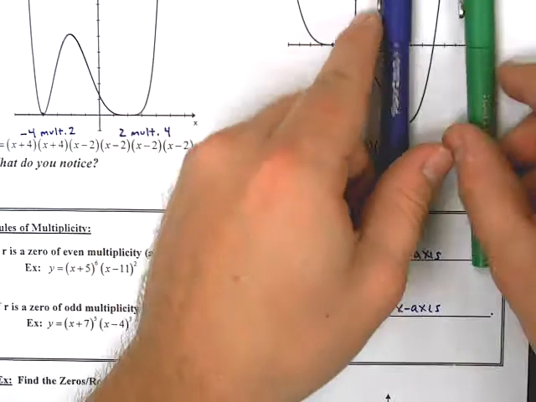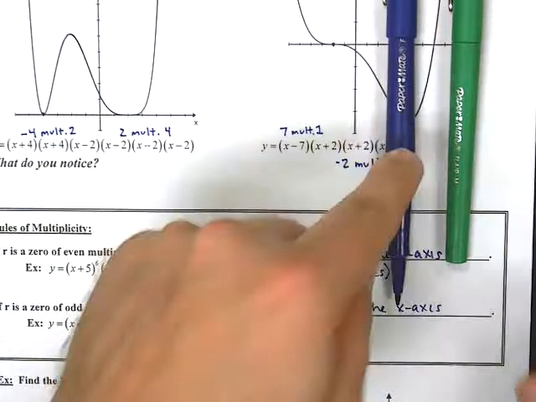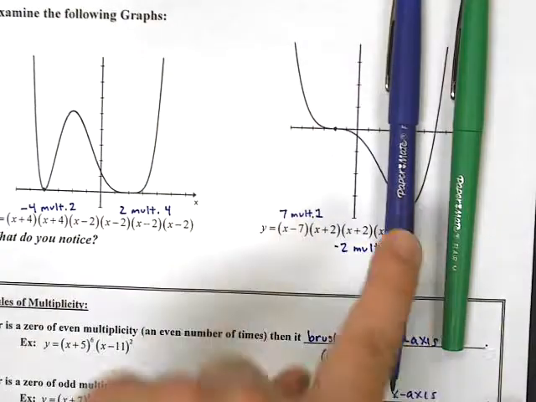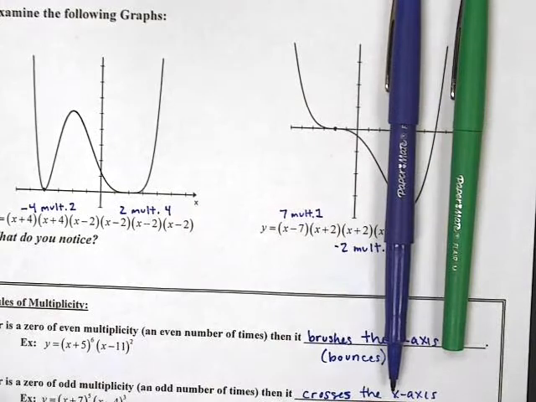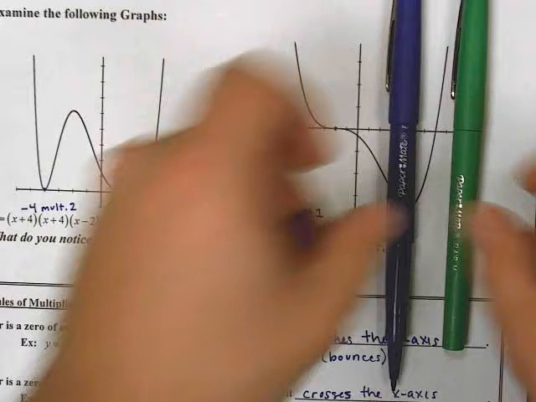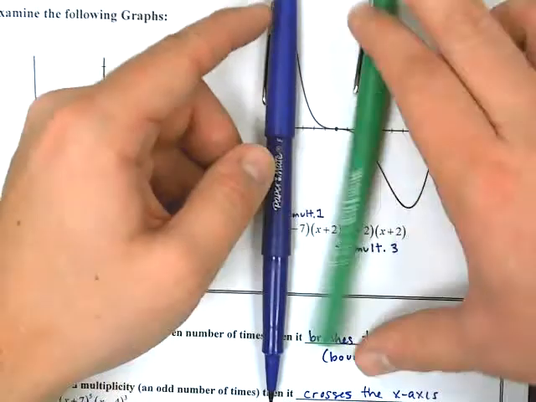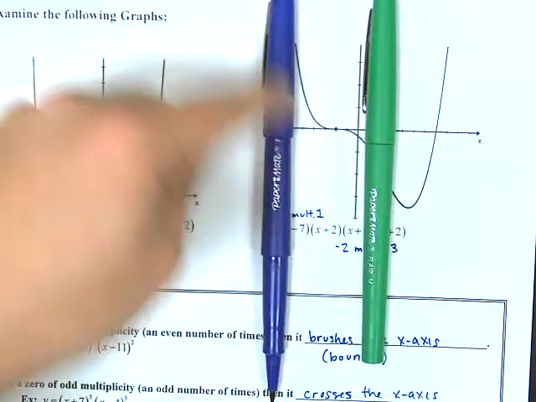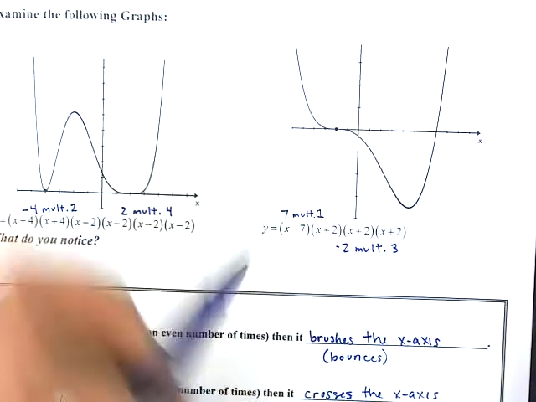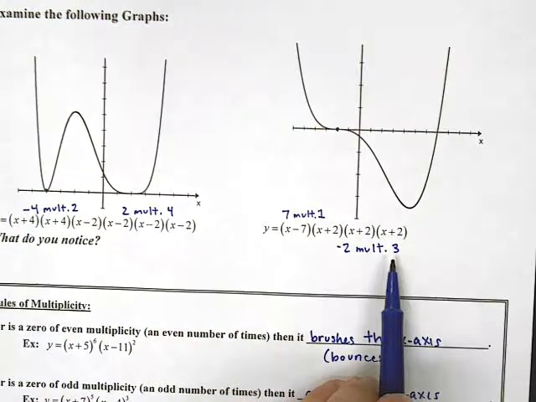Like if I zoom in here, it looks like I'm just crossing like a normal line. You might not be able to see that, right? It just goes right through it, almost as if this was linear, I should say. Now over here, when I look at this zero, it doesn't look linear, right? It looks more like an x cubed graph, which should make sense because the multiplicity is 3.